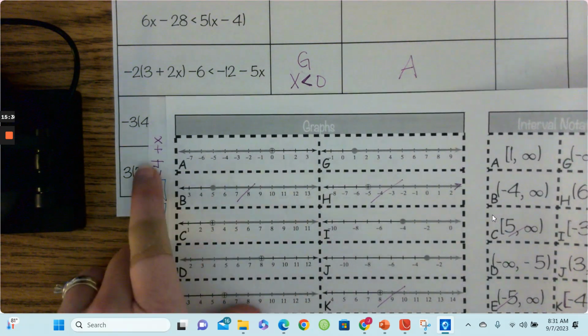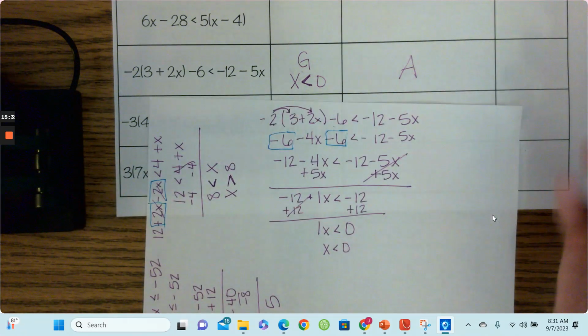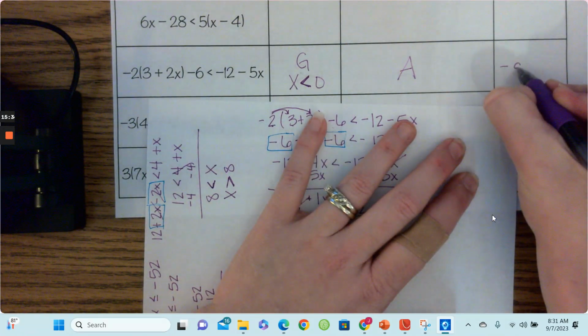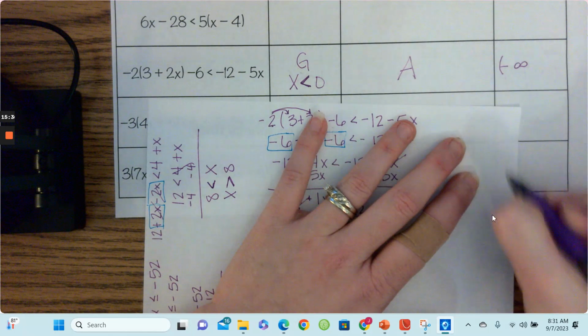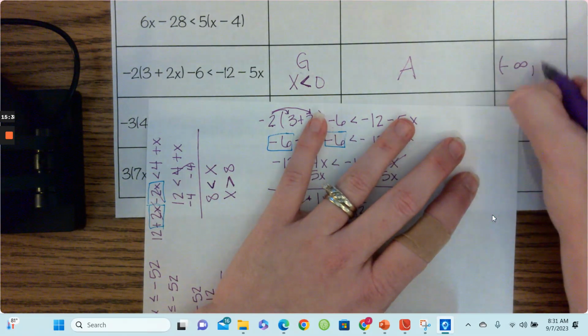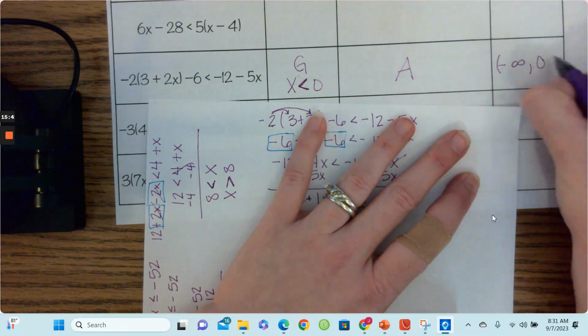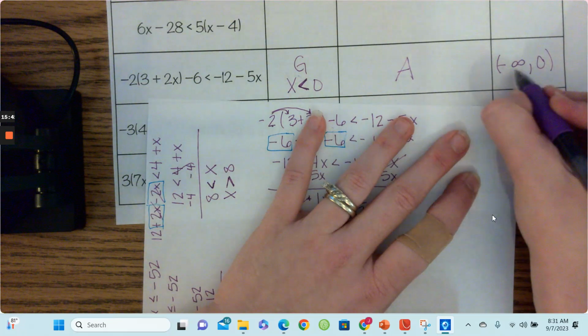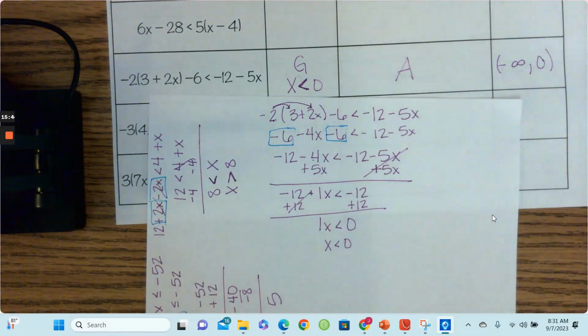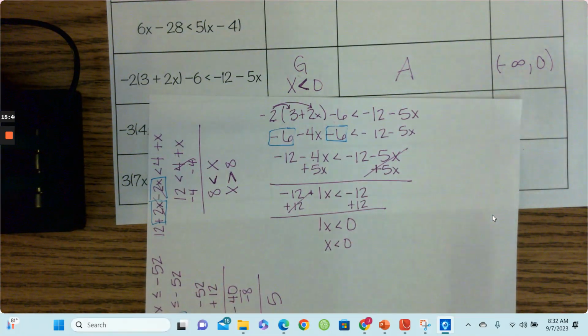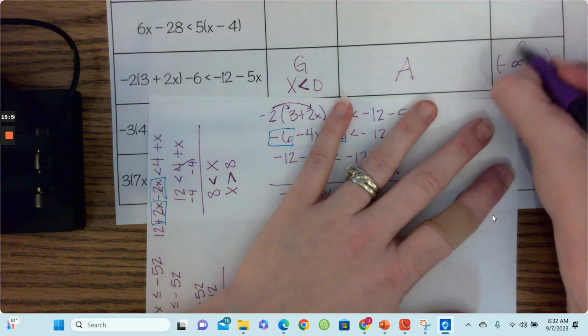When my arrow points to the left, I'm starting at negative infinity and ending at 0. When we write these in interval notation, we always write them in order: smallest number first, biggest number last.